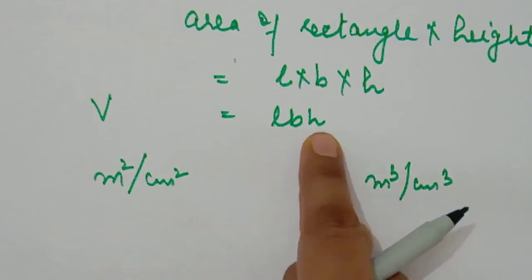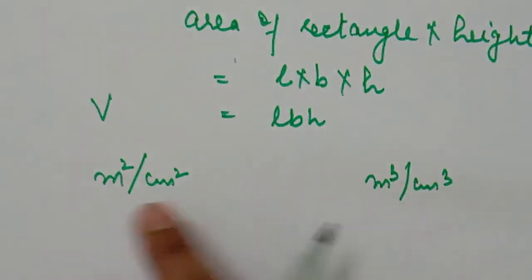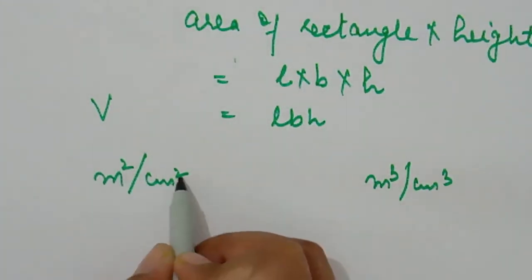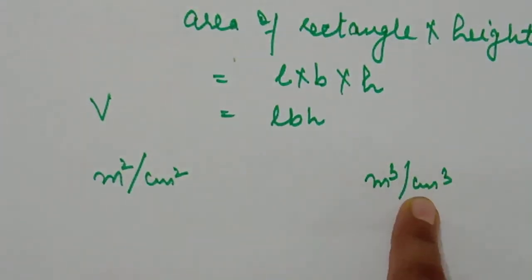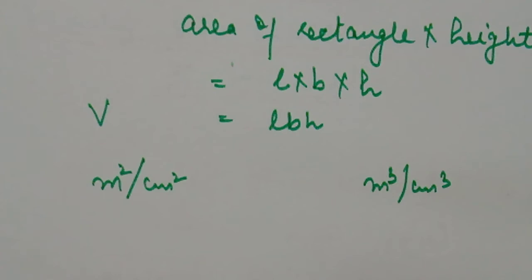Then meter into meter into meter is meter cube. So when we are talking about square units, it means surface area, and when we are talking about cubic units, it means volume. It is a hint from the question to observe whether he is talking about surface area or volume. So the volume of the cuboid you already know.